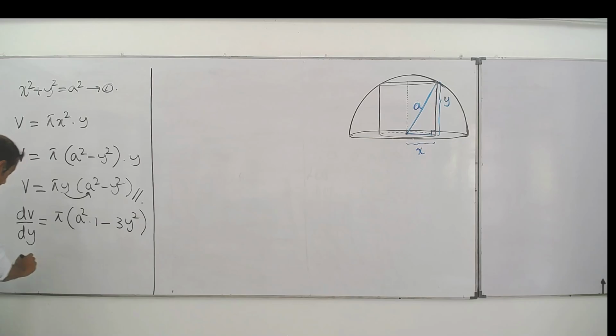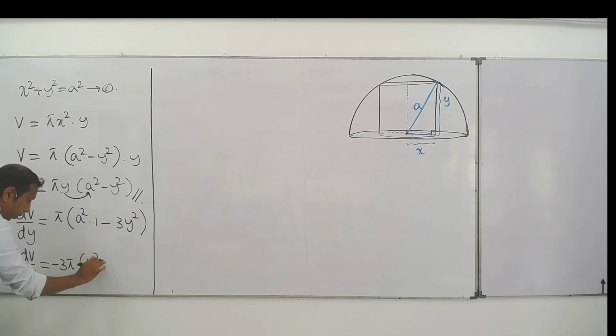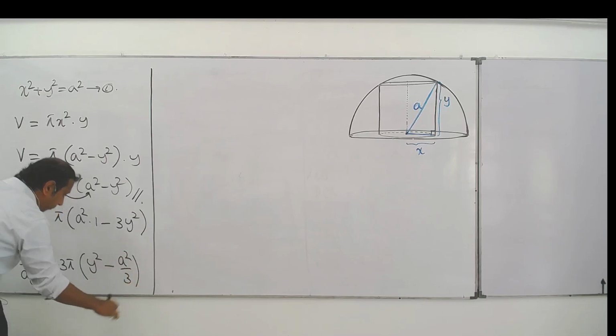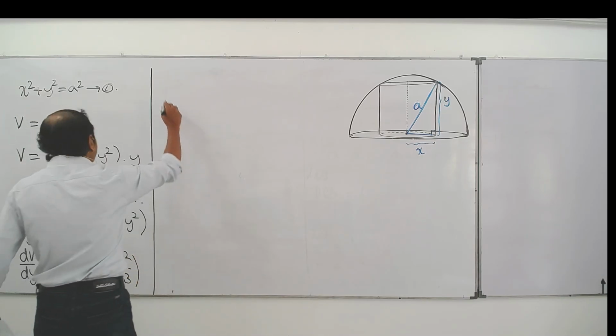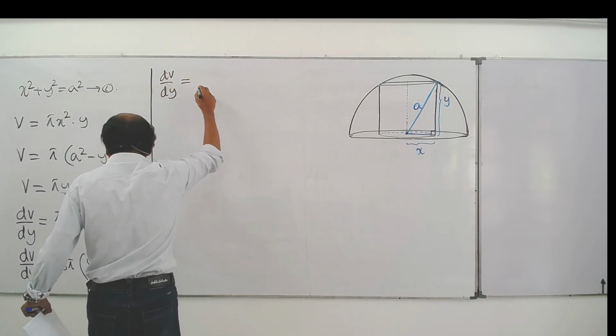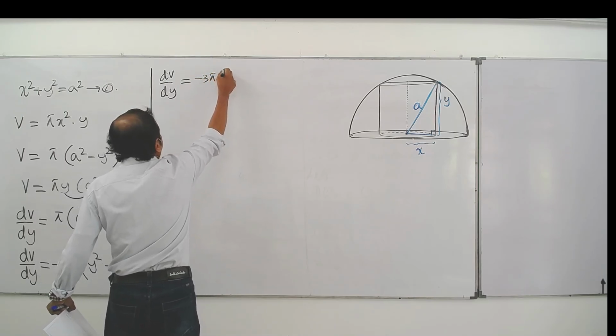So, I can take this minus 3 out. Minus 3 times pi. Then here we get (y squared minus a squared divided by 3) like this. Then dV over dy we can write minus 3 pi.